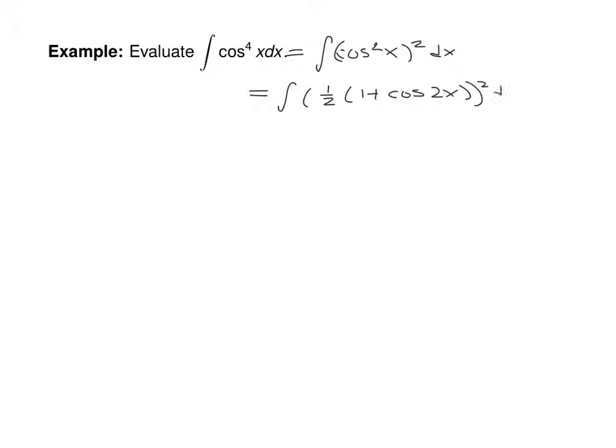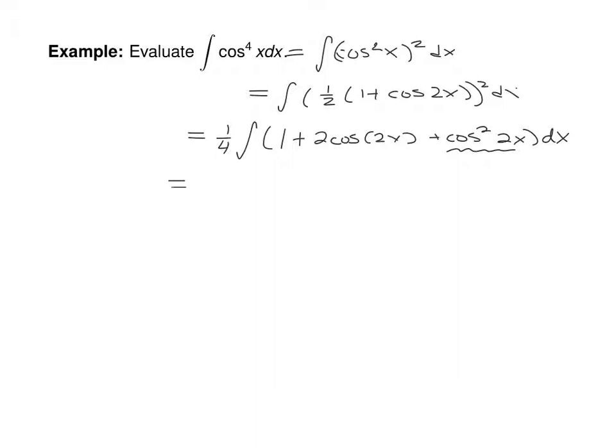And that whole thing is squared, including the 1/2, which squares to a quarter. So the quarter times the integral. Now 1 plus cosine of 2x, the quantity squared, is 1 plus 2 cosine of 2x plus cosine squared of 2x. And recall that you have to apply that identity again to the cosine squared of 2x. Remember that the angle doubles, so when you use this identity, the angle goes from 2x to 4x.